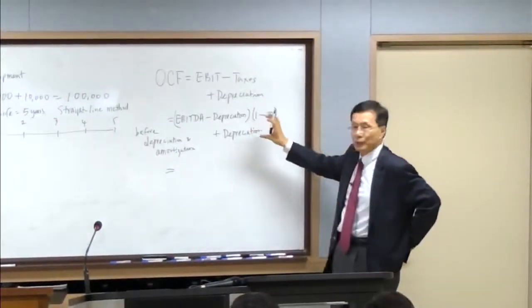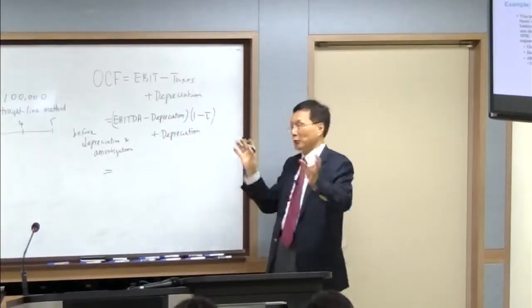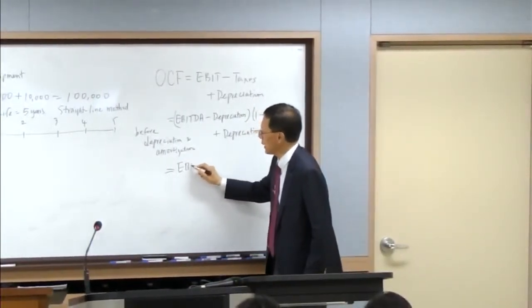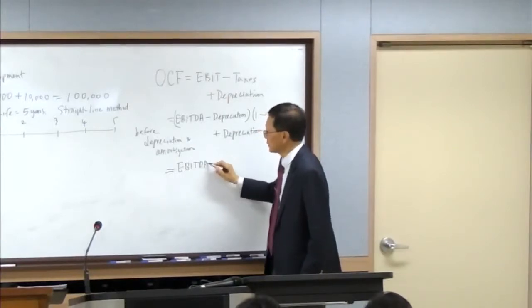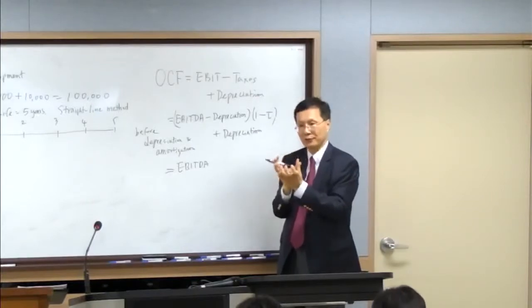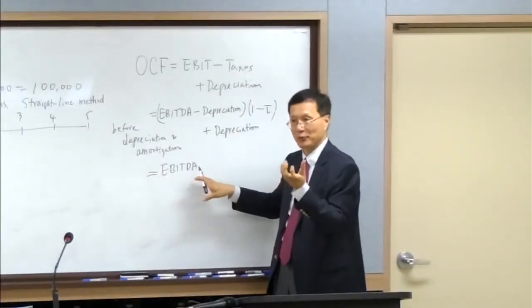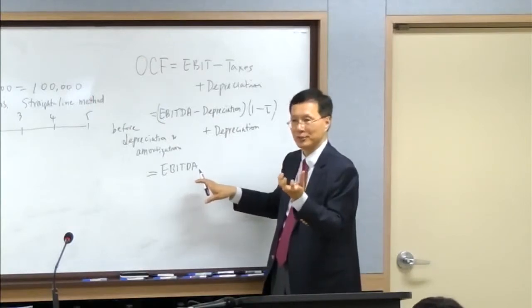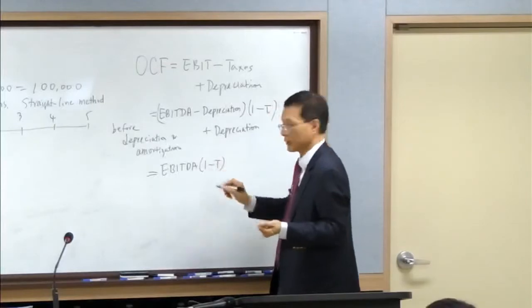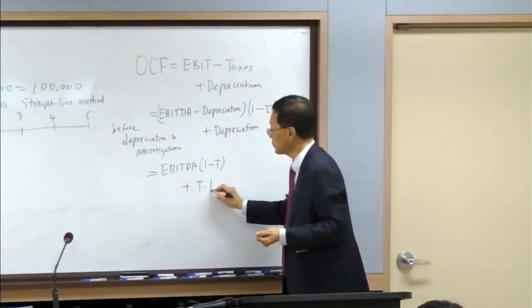And if you write this out, depreciation out, you have the following: EBITDA. This is the cash profit. This is cash profit before tax, before interest. Cash profit before interest and tax, times 1 minus tax rate, plus tax rate times depreciation.